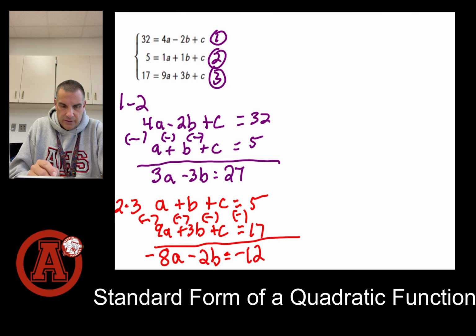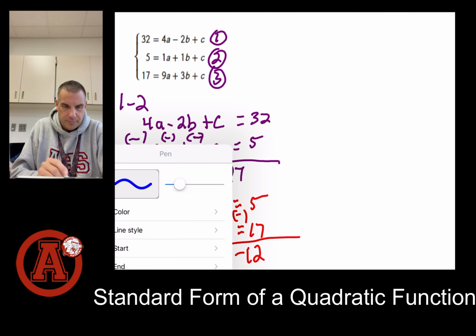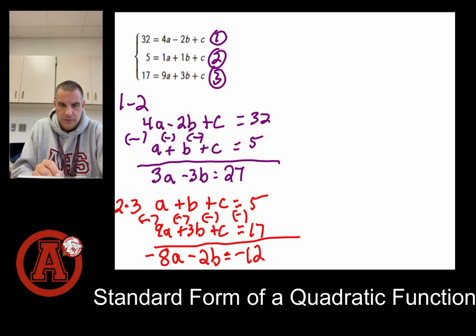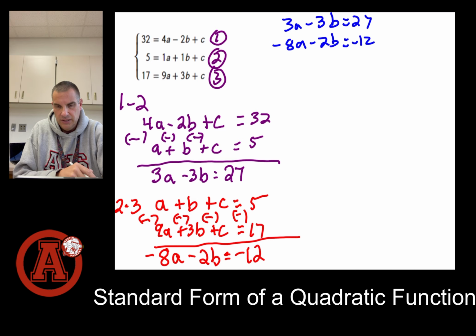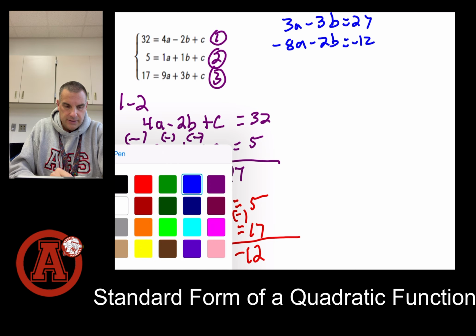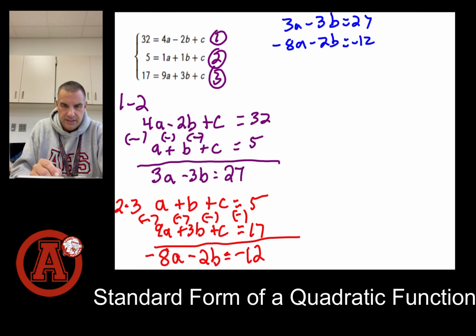So now I've got my 2 equations with 2 variables. I've got 3a minus 3b equals 27, and negative 8a minus 2b equals negative 12. Yuck. It is what it is. So I'm going to multiply this top one by, I don't know, 8, and the bottom one by 3.